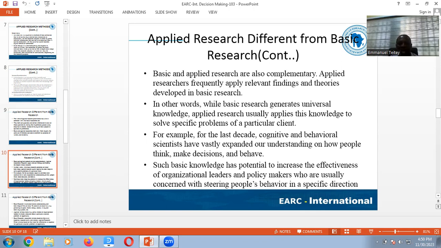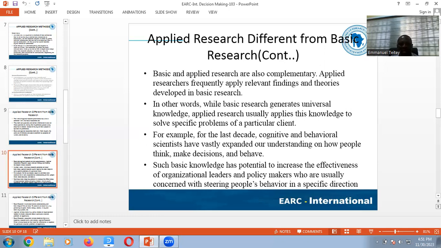For example, for the last decade, cognitive and behavioral scientists have vastly expanded our understanding of how people think, make decisions, and behave.